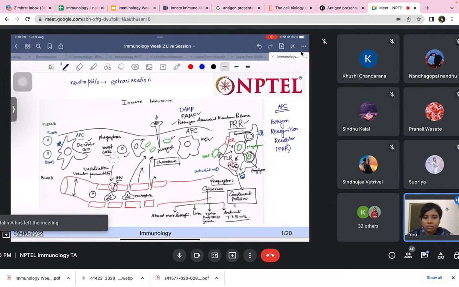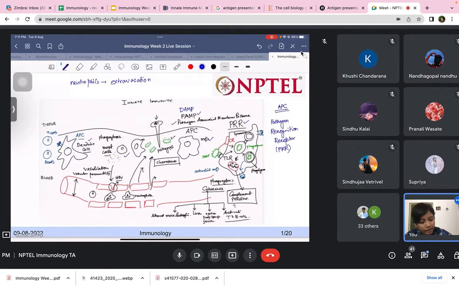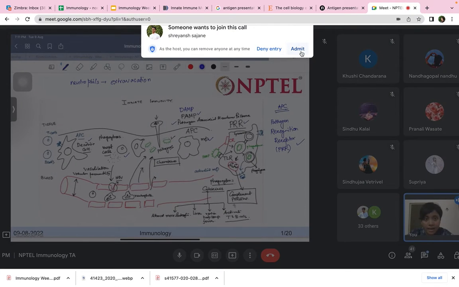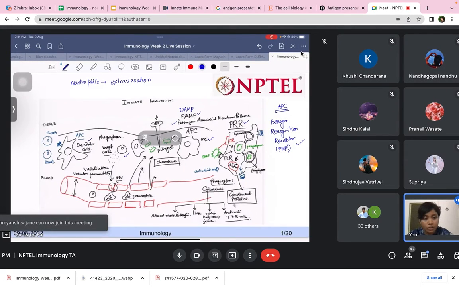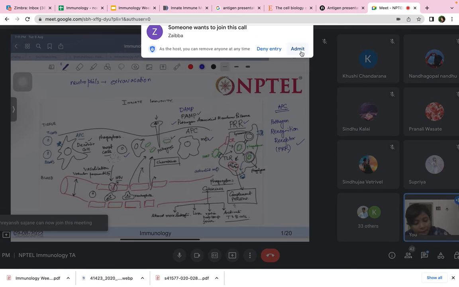What are these patterns? These are particular patterns on the surface of the pathogenic organism, which these recognition receptors can recognize, and damage associated molecular patterns.